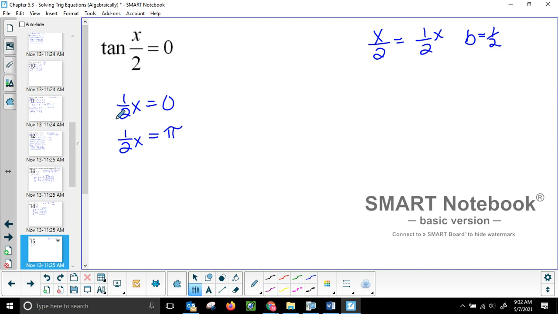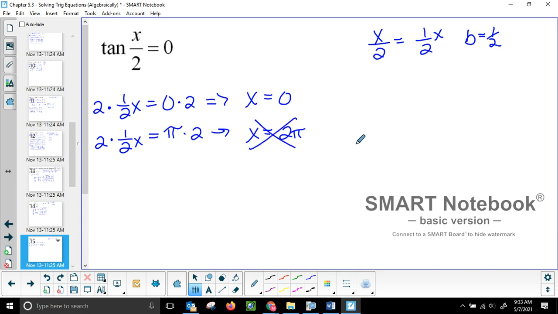Now I need to divide by 1/2, but that's the same as multiplying by 2. So here we get x is equal to 0, and here we get x is equal to 2 pi. Are we allowed to actually include 2 pi? No. We can't use that one.